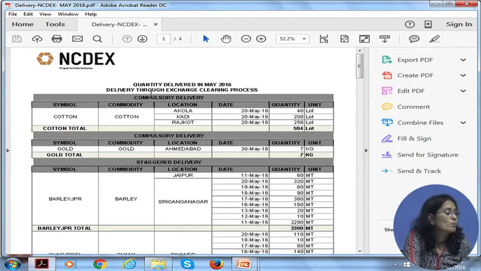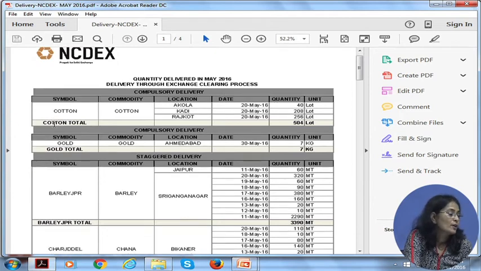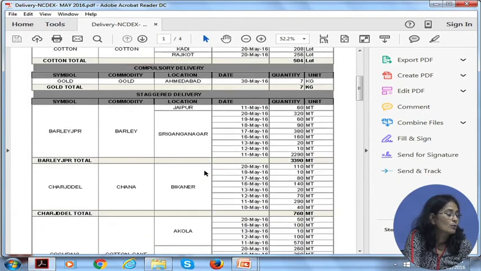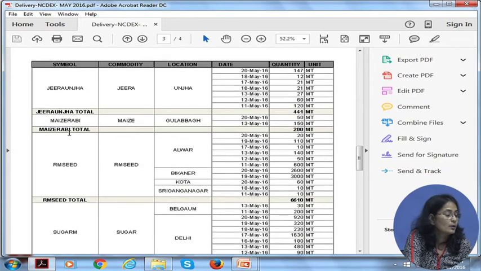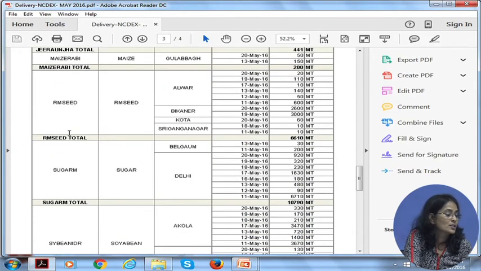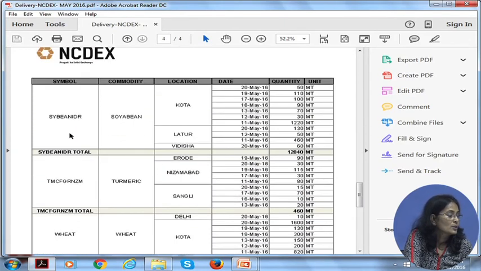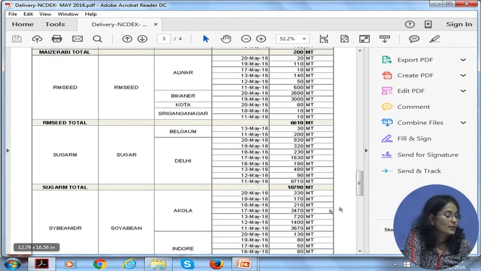This shows, for the month of May 2016, the quantity delivered through the exchange clearing process. So you have different commodities and the total amounts of different commodities which have been delivered by buyers and sellers through the exchange platform. This is something interesting I thought of sharing.